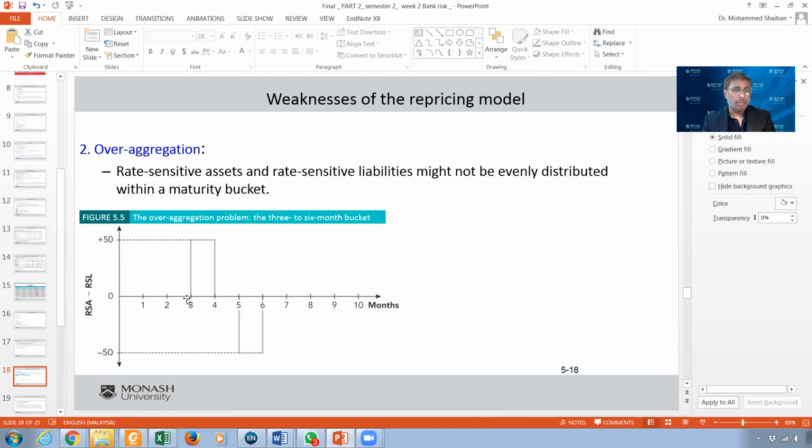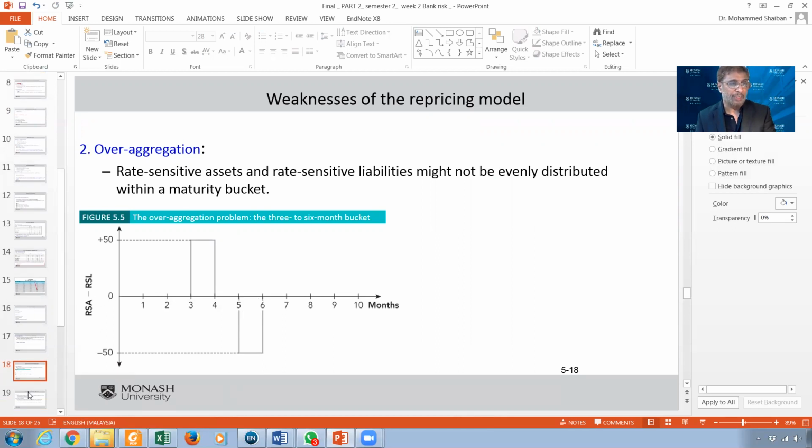While actually during the months, if there are changes, because of these maturity horizons, it doesn't take into consideration what's happening in the months. This is what we call over-aggregation, which means they don't look, I am here, have a positive gap, positive gap, negative gap, negative gap. If you add them all up, I am 0 gap, which actually does not reflect the facts.